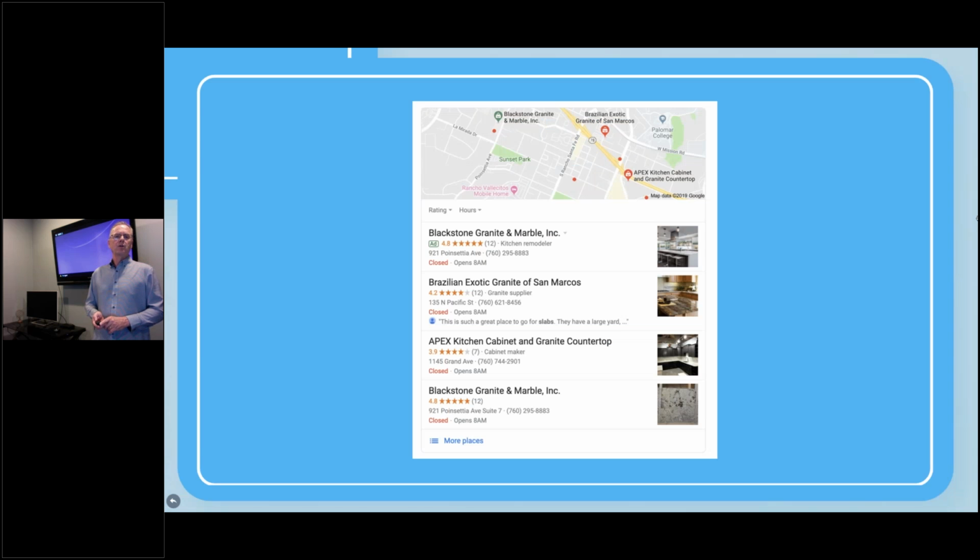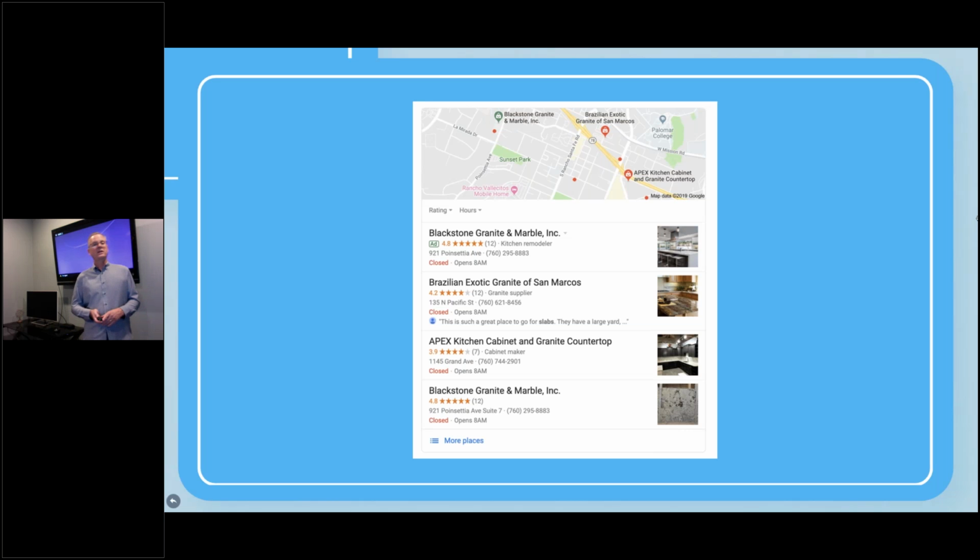The other type of local ad that's new is the map boxes, which most everyone is familiar with. They're on the front page of Google, and typically they would be 3 listings. If you'll notice on this page here, you have 4 listings. There's a 4th listing, and this is Blackstone Granite. If you notice, it has a little green ad label next to the reviews. That's telling everyone that it's an ad, and they're at the number 1 position.